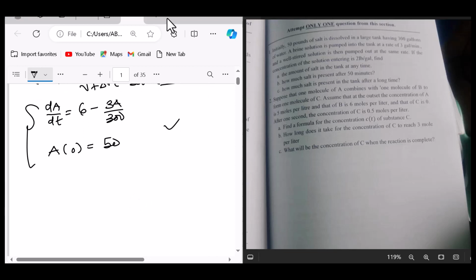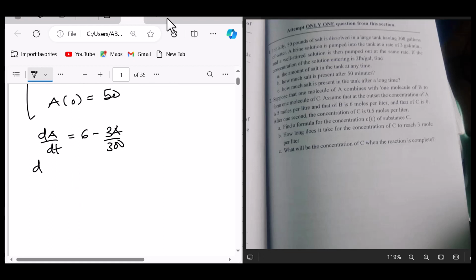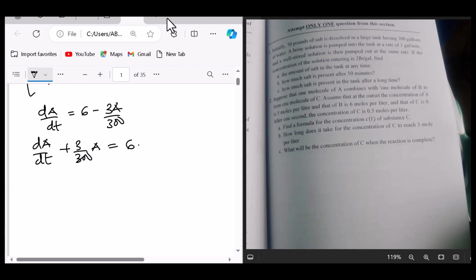So we have a differential equation which we have to solve. dA/dt is equal to 6 minus 3A all over 300. So we can write this as dA/dt plus 3 over 300 A equals 6, like this. And this is a first order differential equation.